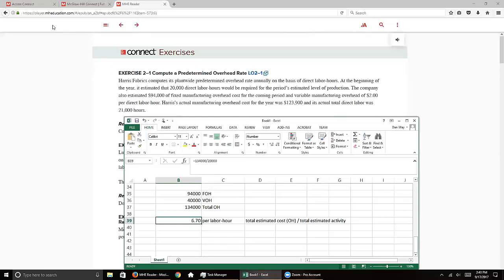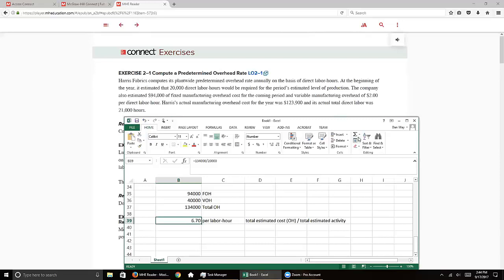Jasmine, did you have a question? Yes, I see that you're using Excel. I was wondering if we can use Excel and put this information just how you're putting the information in. Is there an equation that we can just look up in Excel to do the work for us? So for things like predetermined overhead rates and applied overhead and such, there is not.